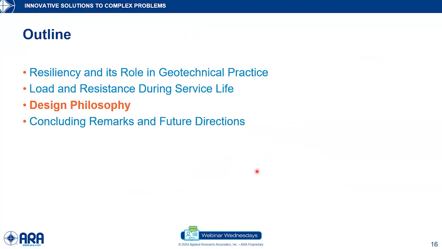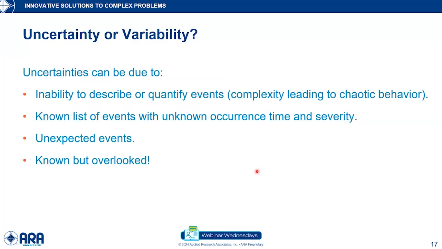Now, with all these definitions, let's jump really quick into the design philosophy. And the first aspect to the design philosophy is the definition of uncertainty or variability. We have two aspects when it comes to geotechnical engineering.